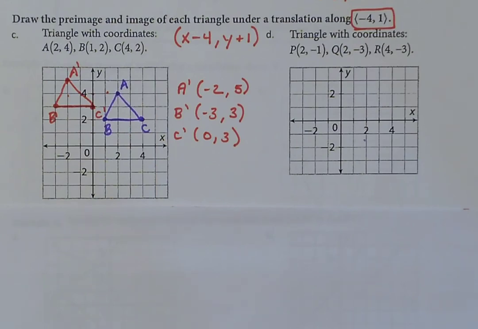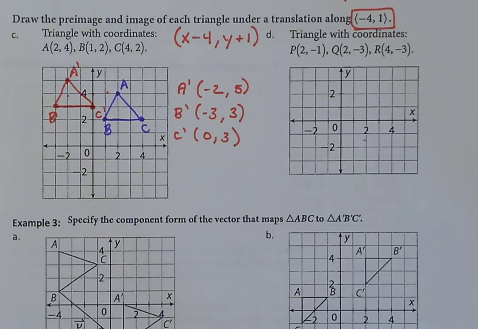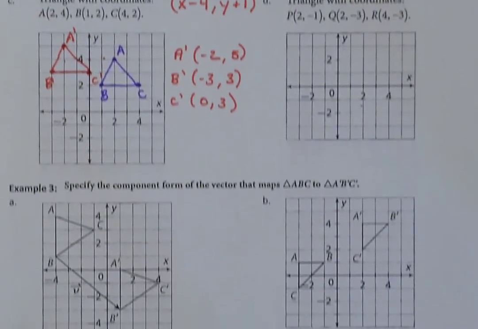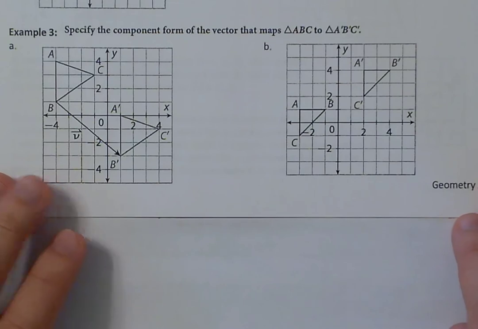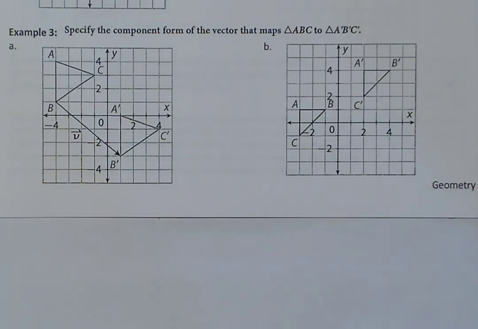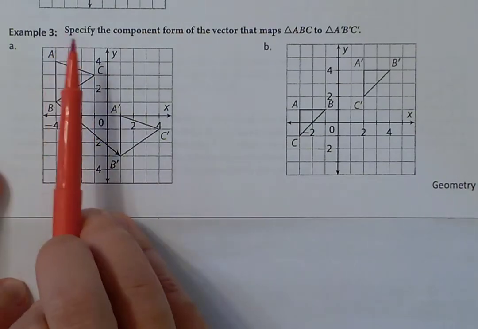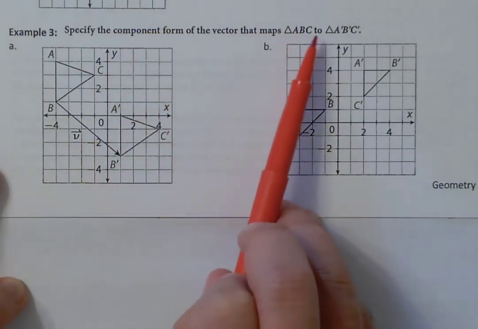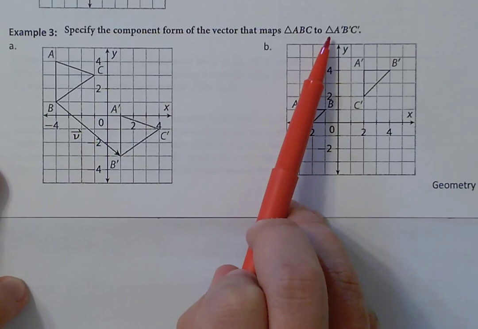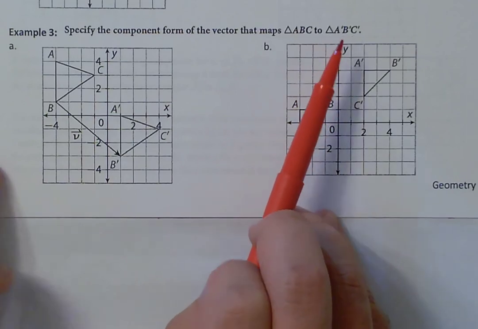All right, so with that said, we just have one example left to go, and that is what we're going to take a look at now. So example 3 is going to ask us to specify the component form of the vector that maps triangle ABC to triangle A prime, B prime, C prime.